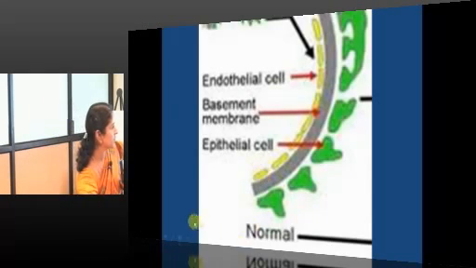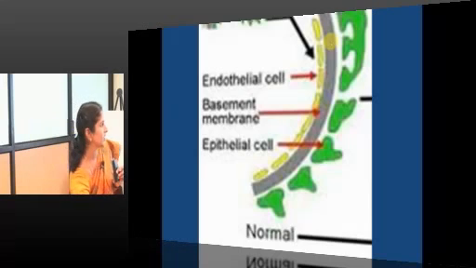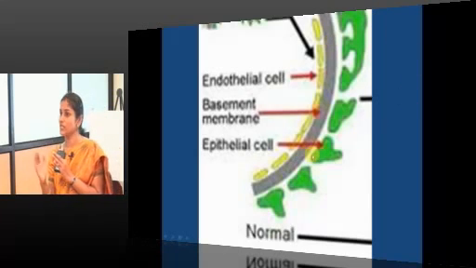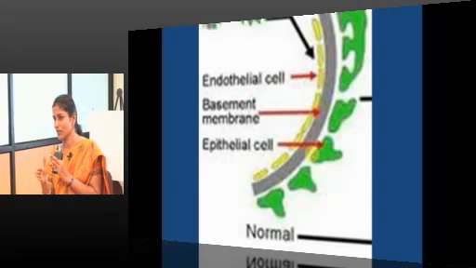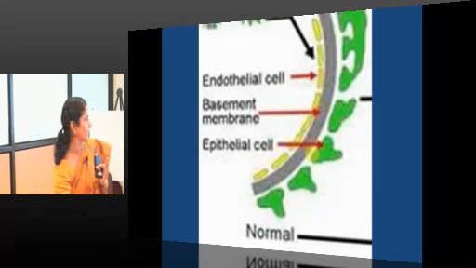When you have deposits on the membrane, it is going to be intramembranous or membranous deposits. When you find deposits between the basal epithelial cells and the basement membrane, such deposits are called subepithelial deposits. So, these three locations are to be understood over here, right.